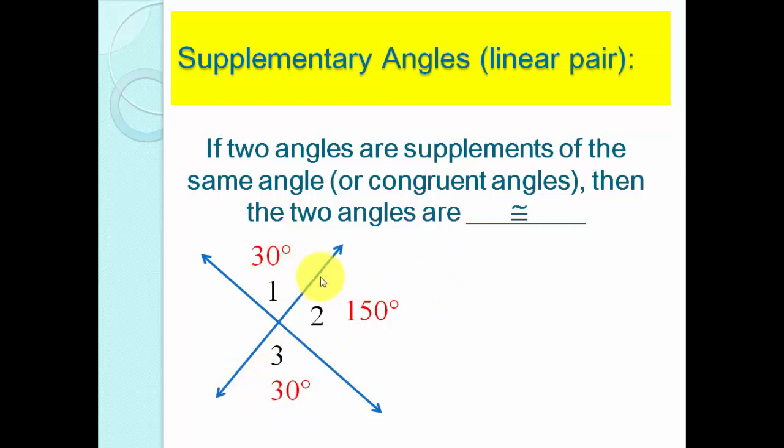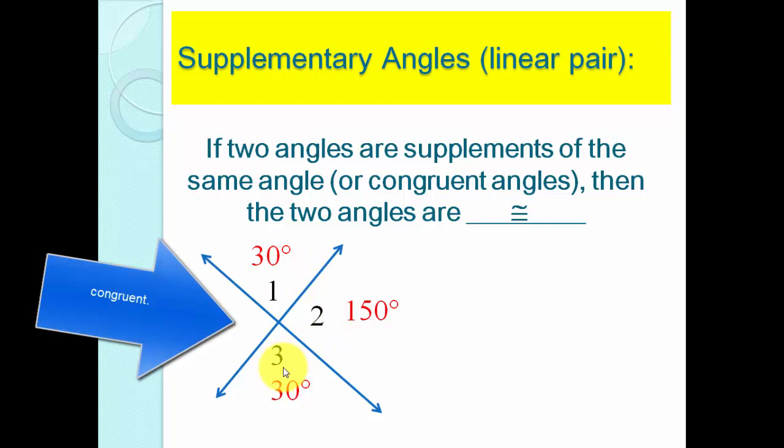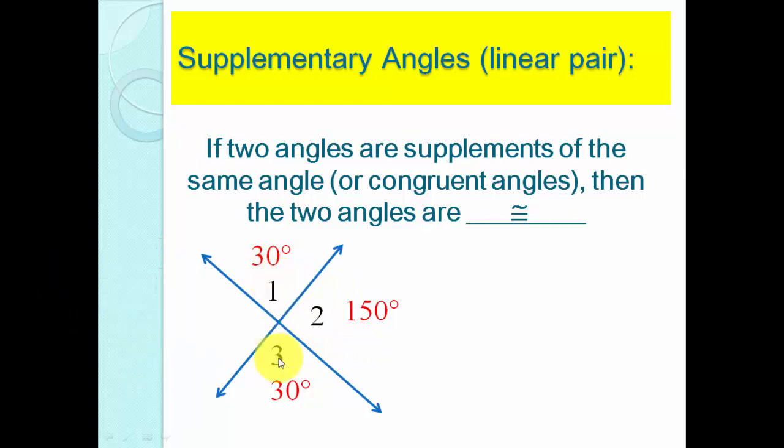Notice that angle 1 and angle 3 are now equal. The reason is because they are both supplements to the same angle, angle 2. So angles 1 and 3 are both supplementary to the same angle, which makes them congruent.